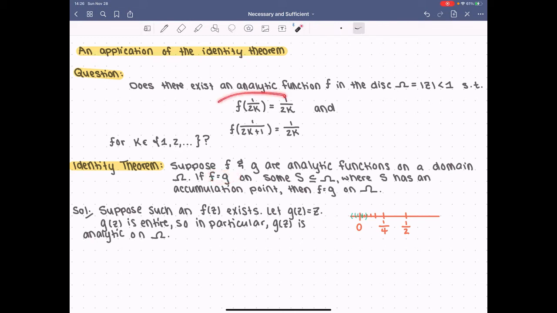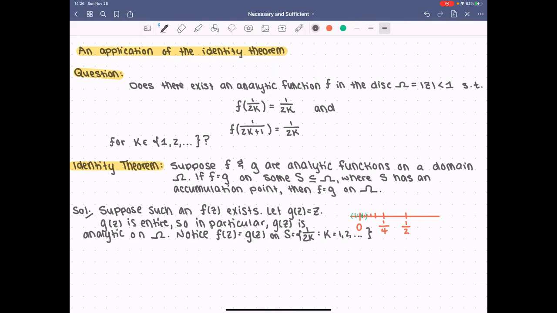So this is where we're going to want to use that f at 1 over 2k is equal to 1 over 2k. So I'm going to say, notice f of z is equal to g of z on the set s equal to points of the form 1 over 2k for k equal to 1, 2, and so on.